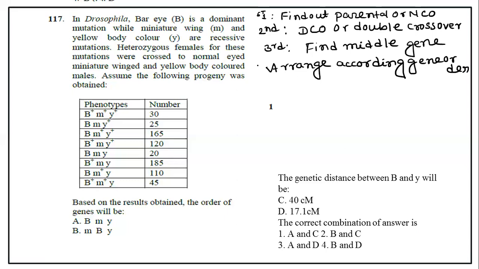Fourth, then fifth, get the single crossover frequency, SCO1 and SCO2, single crossover 1 and single crossover 2. After getting the single crossovers, you can calculate the map distance between two genes.